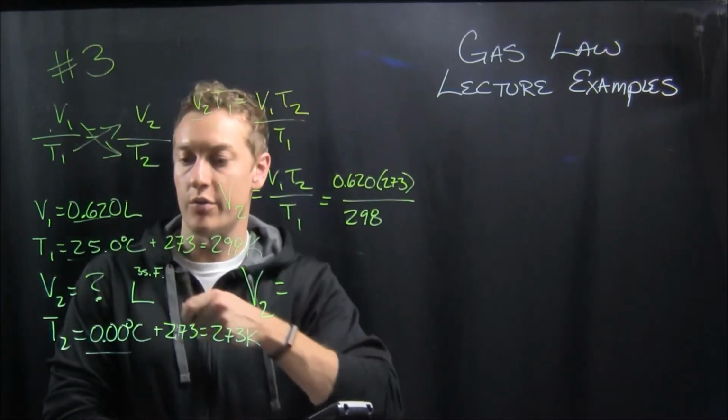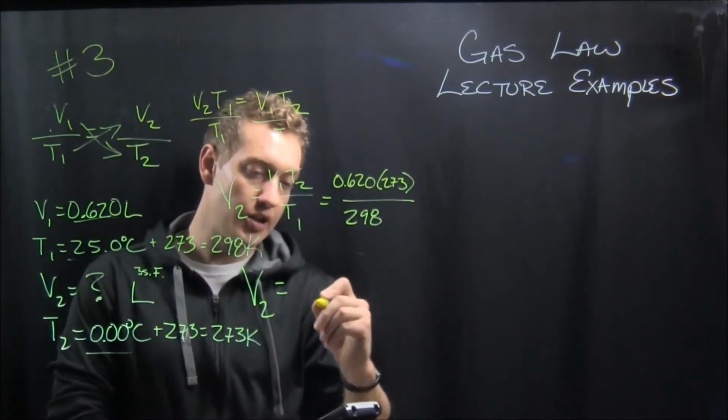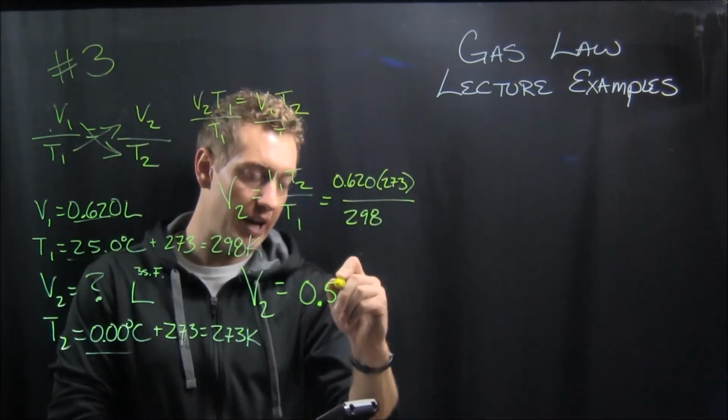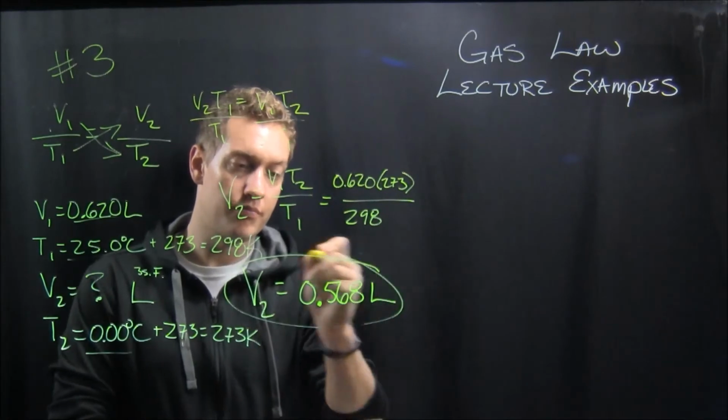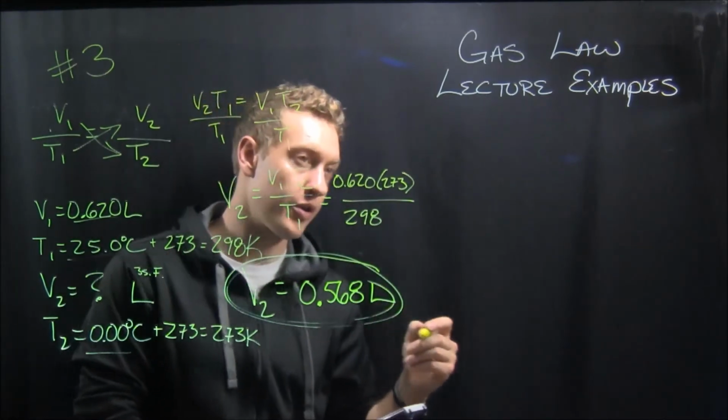Earlier we said we were going to round to 3 sig figs, so let's call it 0.568 liters. All right, that's our answer to number 3.